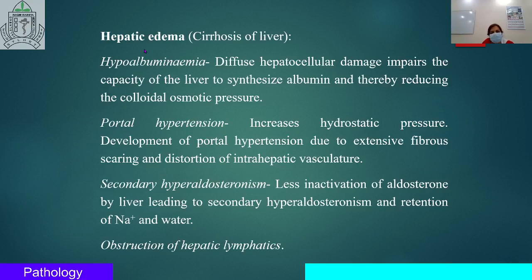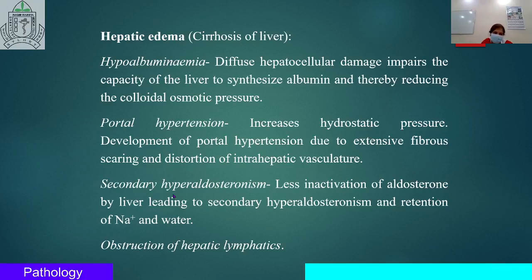Number two is decreased colloidal osmotic pressure. As the liver is diseased, it cannot synthesize plasma protein properly, so there is hypoalbuminemia. Ultimately, there is decreased colloidal osmotic pressure.